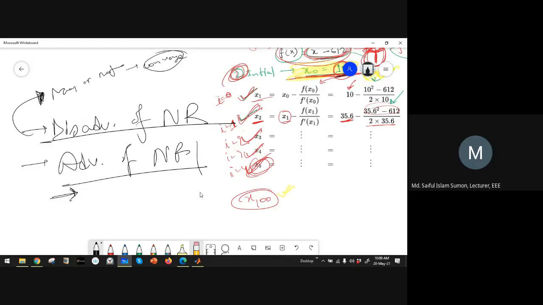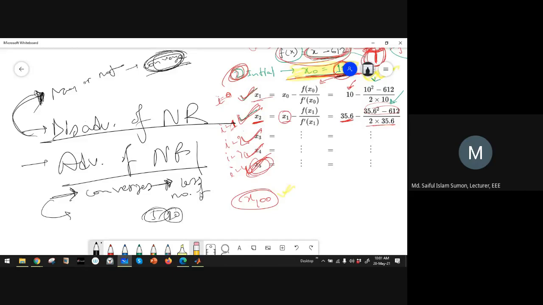But if it converges, then the advantage is that it takes a very small number of iterations. Suppose 5 or 10, that will give you a very good result, in maximum of the cases. One disadvantage is it may or may not converge. One advantage is if it converges, then it takes comparatively very few iterations.